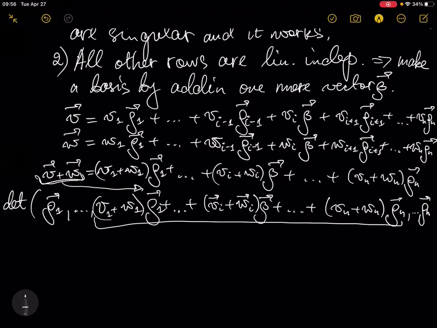Okay. So, and so on till row n, right? So essentially I just expressed this through all other rows and this extra vector which I added to form the basis, right? Okay.